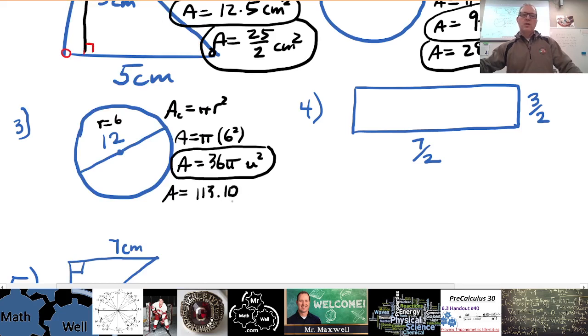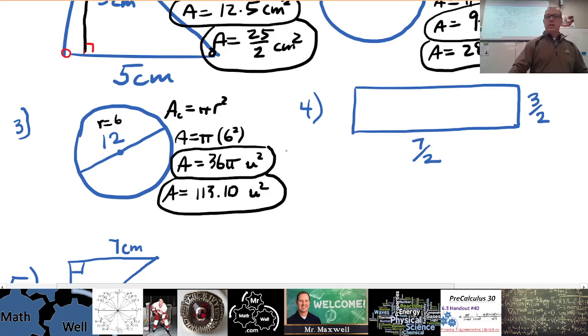And if it's to 2 decimal places, you will have to put that 0 in the second decimal place. Units squared. Awesome. Is everybody getting along okay here? You understanding this? Okay. Anybody got all 3 correct so far? At least with the decimals? Maybe the pi? Okay. I see some hands up. That's excellent.